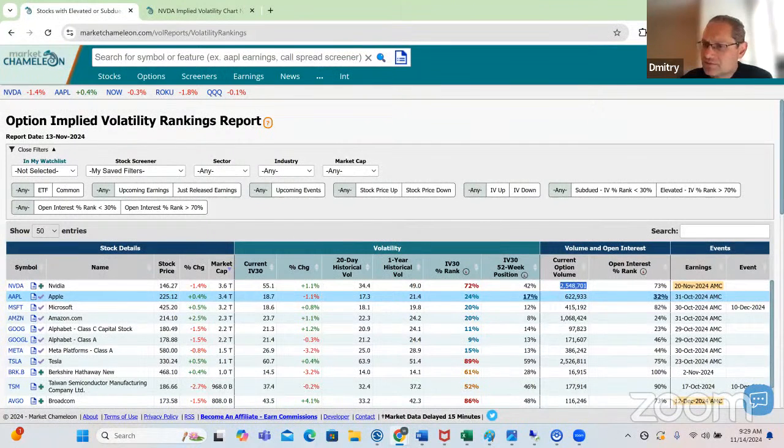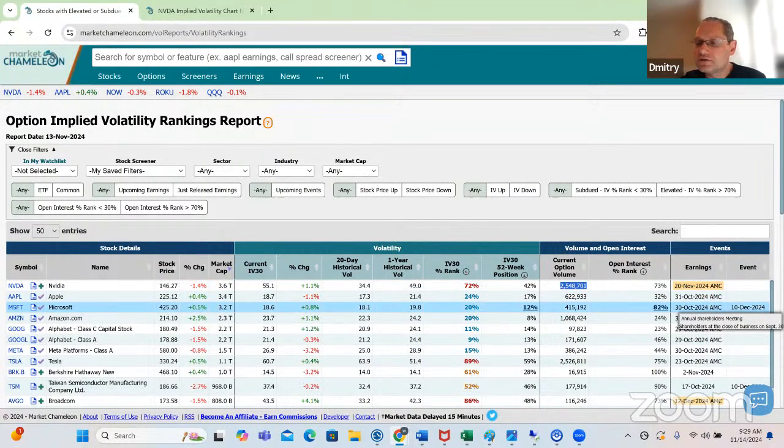In addition, there could be other events particular to the stock that they announced. We're going to be in a conference. We're going to have an investor relations event, something they may announce that could move the stock. And if we detect it, we put it in here. For example, here in Microsoft, there's going to be an annual shareholder meeting December 10th.